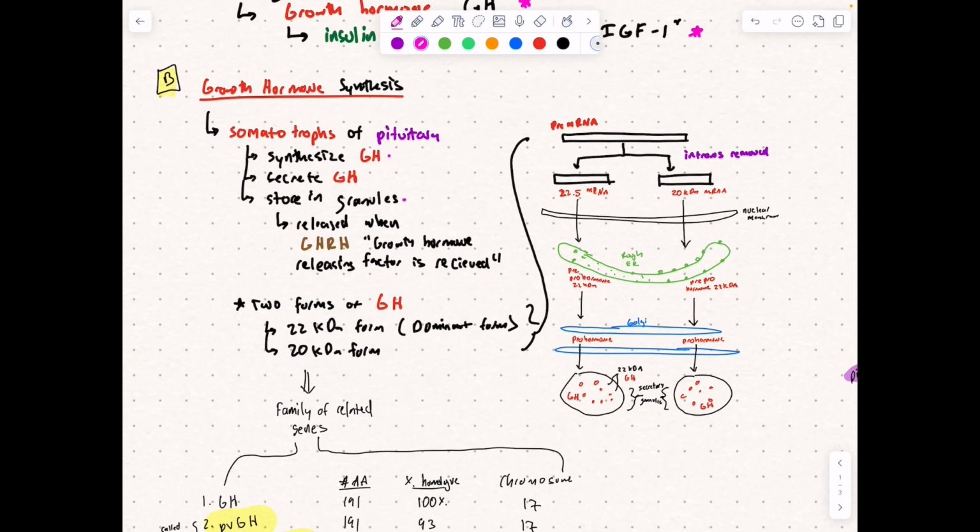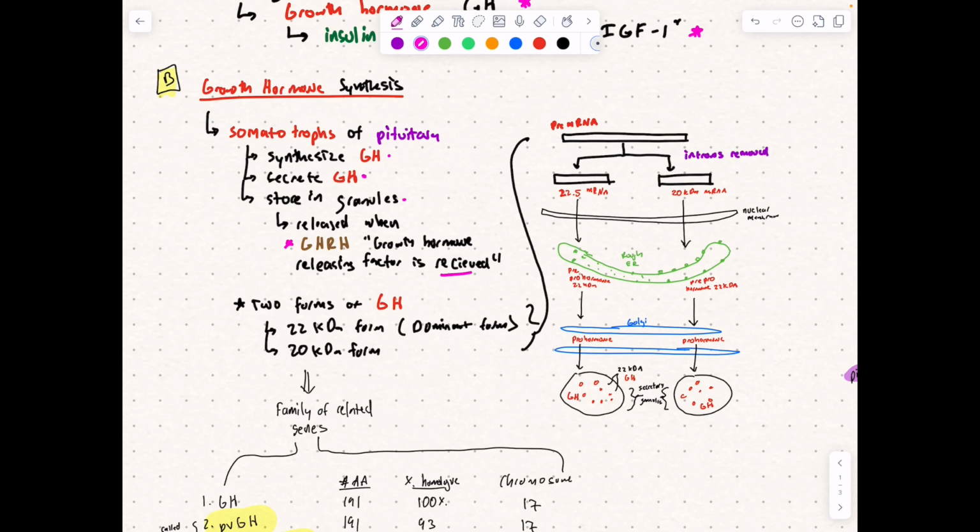They will store it in granules, and then they're going to secrete this growth hormone when they are stimulated to release it by GHRH, which is growth hormone releasing hormone, produced by a region of the hypothalamus. We're starting to see more of these nuclei or regions inside of the hypothalamus. Today we're going to be concerned with the arcuate region, which is going to give us GHRH.